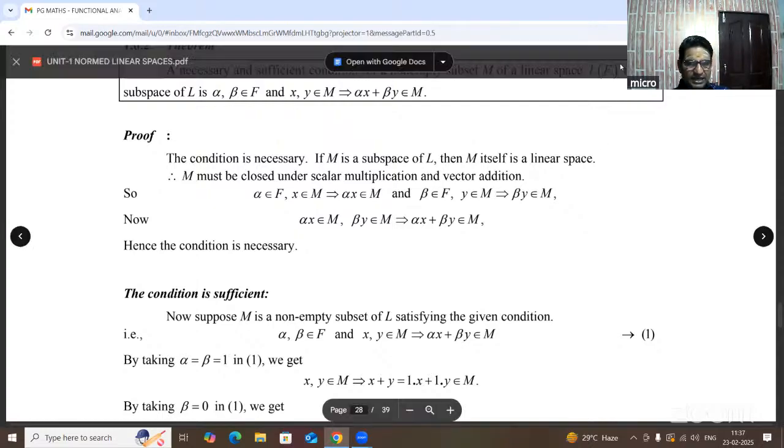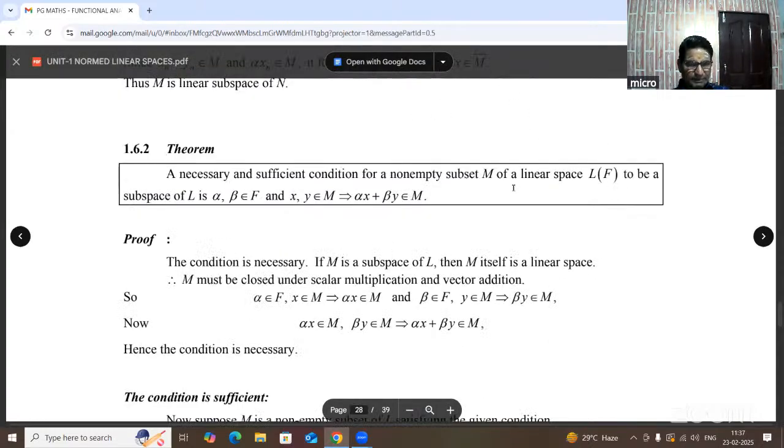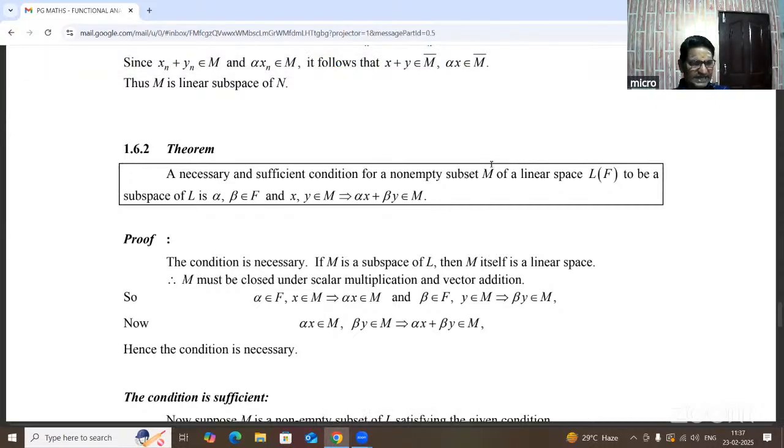In the same manner, in a normed linear space N with subspace M, the necessary and sufficient condition for a non-empty subset M of a linear space L over F to be a subspace is as follows. Here alpha and beta are field elements, and x and y are elements of the linear space in M. The linear space is L over F, or N, whatever it is, and the non-empty subset is capital M. So x and y belong to M, and alpha and beta are field elements.